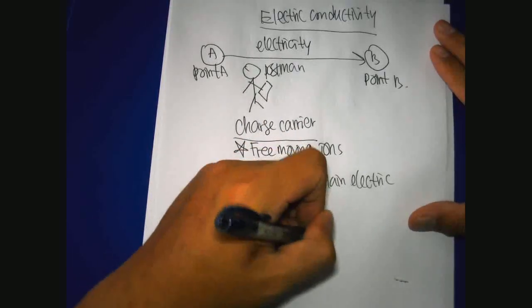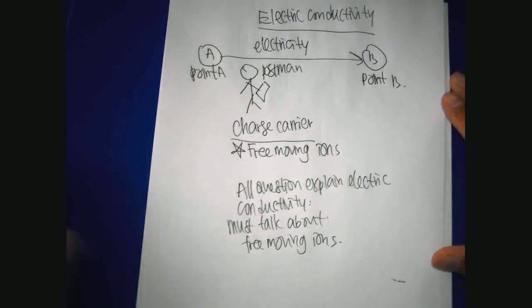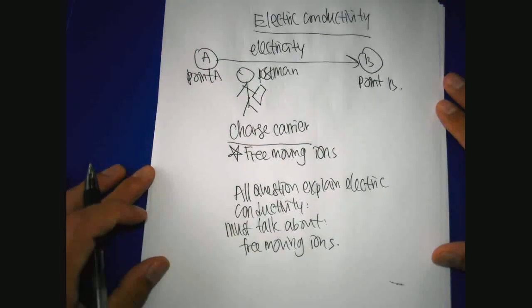For example, if compound A can conduct electricity, your answer can be simple and straightforward: compound A contains free moving ions. Why can compound B not conduct electricity? Because compound B doesn't contain free moving ions. If you can conduct electricity, free moving ions should be there. If you cannot, you don't have any free moving ions.